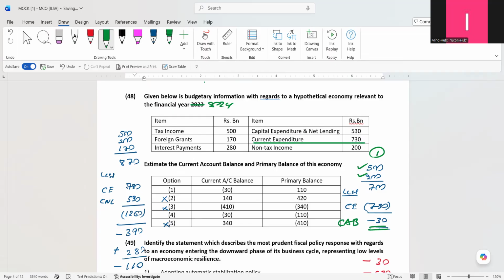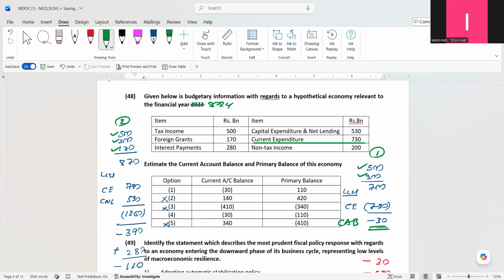Next, primary account balance. Primary account balance is total government revenue plus grants minus total government expenditure but without interest payments. So let's do it here. Tax revenue, non-tax revenue, grants: 870 is total government revenue plus grants.